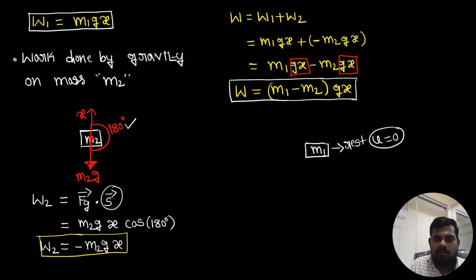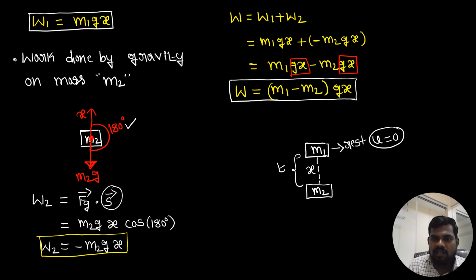Since m1 mass is more, it is displacing a distance x. This is the final position. In this case, the time it took, this block took time t.